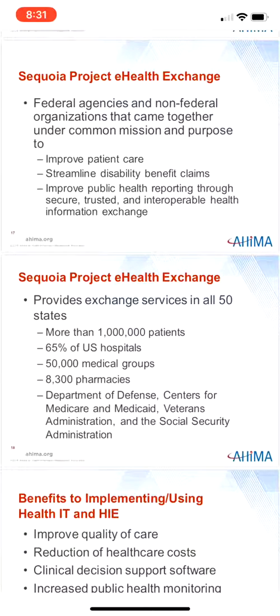Organizations taking part in the Sequoia Project mutually agree to support a common set of standards and specifications that enable the establishment of a secure, trusted, and interoperable connection among all participating exchange organizations for the standardized flow of information.